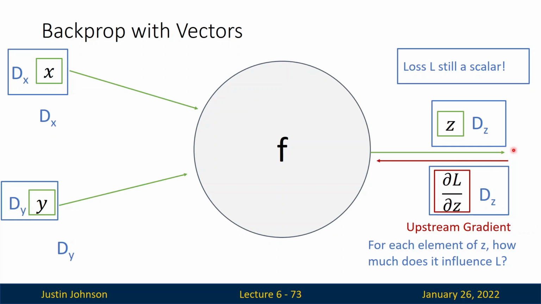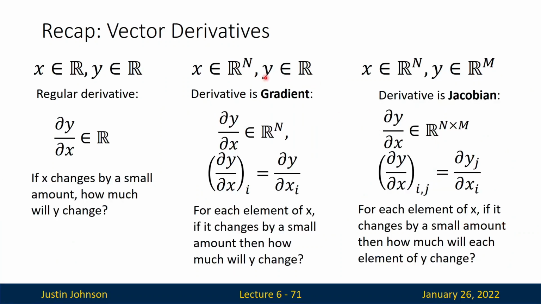Suppose our final loss is a scalar and the input is a vector. Then the gradient is a vector.